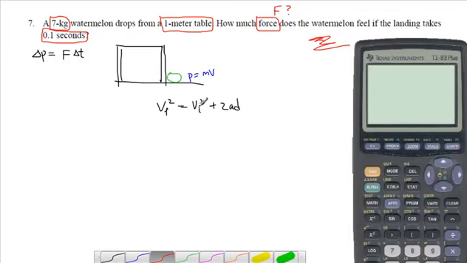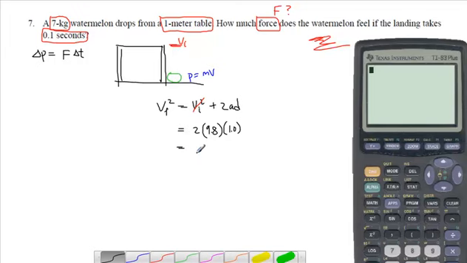In this case, the initial velocity at the table was 0, since it's just dropping. It wasn't thrown or anything. So the final velocity squared is going to be 0 plus 2 times gravity, 9.8, times the distance it drops, 1 meter.